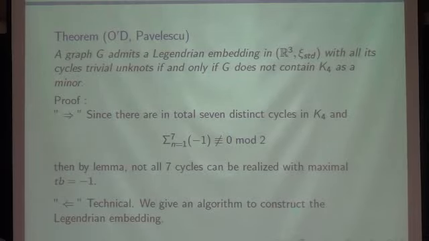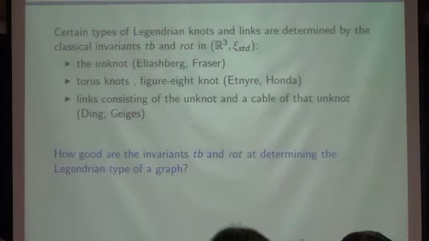So this direction you can do more generally. We can really say something about embeddings where you're just looking at all of the knots having maximal Thurston-Bennequin number that's an odd number, and that if you contain a K4, then you're not going to be able to have such an embedding.